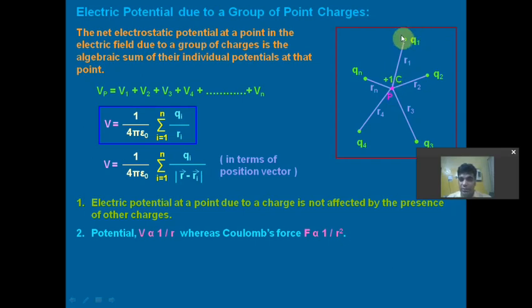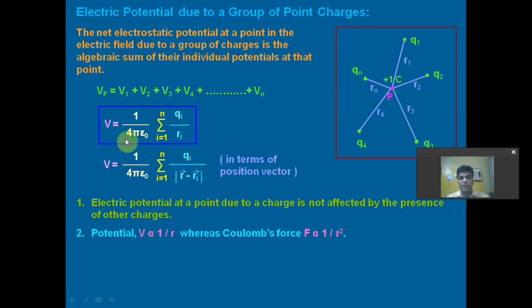So the electrical potential due to Q1 at point P will be represented by V1, due to Q2 will be represented by V2. Then the sum of all these V1, V2, V3 up to Vn will give the total electrical potential at point P. So it can be represented in the form of summation.